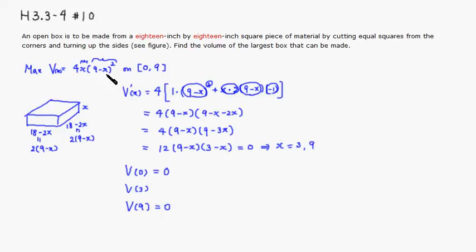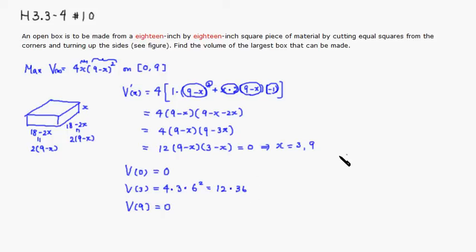Then we plug in 3, so you can see that 4 times x, which is 3, times 9 minus 3, which is 6, squared. So this is going to be 4 times 3 is 12, times 6 times 6 is 36.